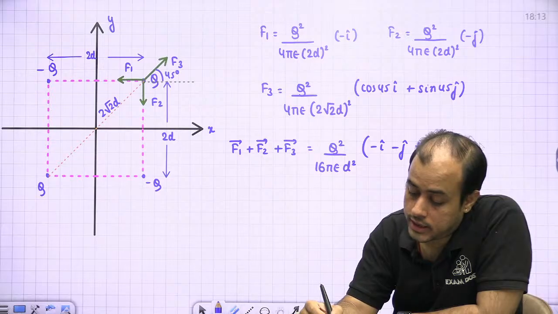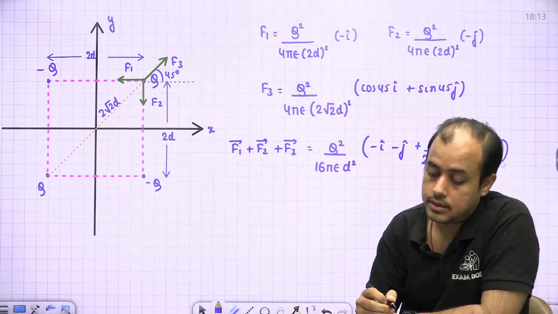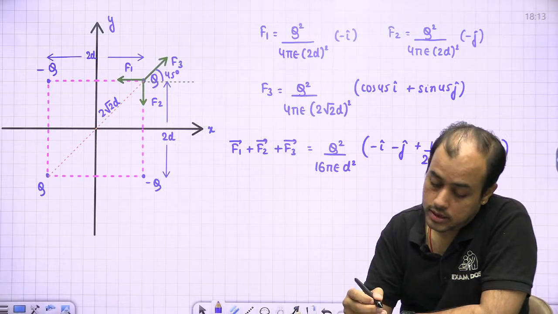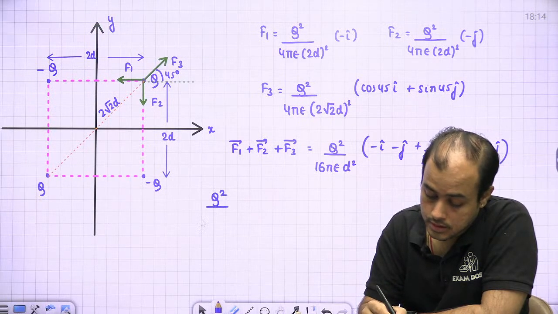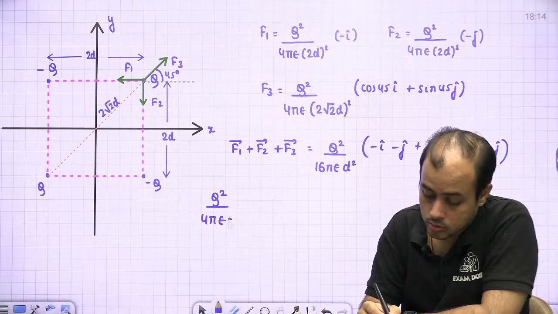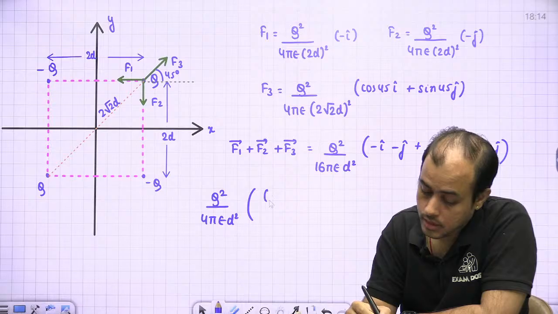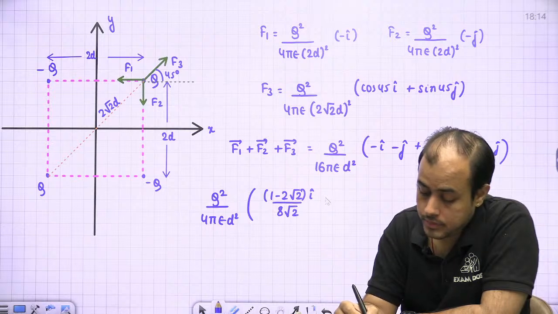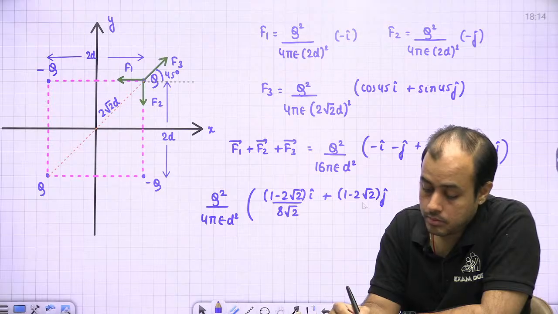Because of cos 45. 1 by 2 root 2. ठीक है, तो K के ऑप्शन दिए नहीं, तो क्या दिया यहाँ पे K Q स्क्वायर by 4 pi epsilon D square, (1 minus 2 root 2) I by 8 root 2, (1 minus 2 root 2) J by 8 root 2.